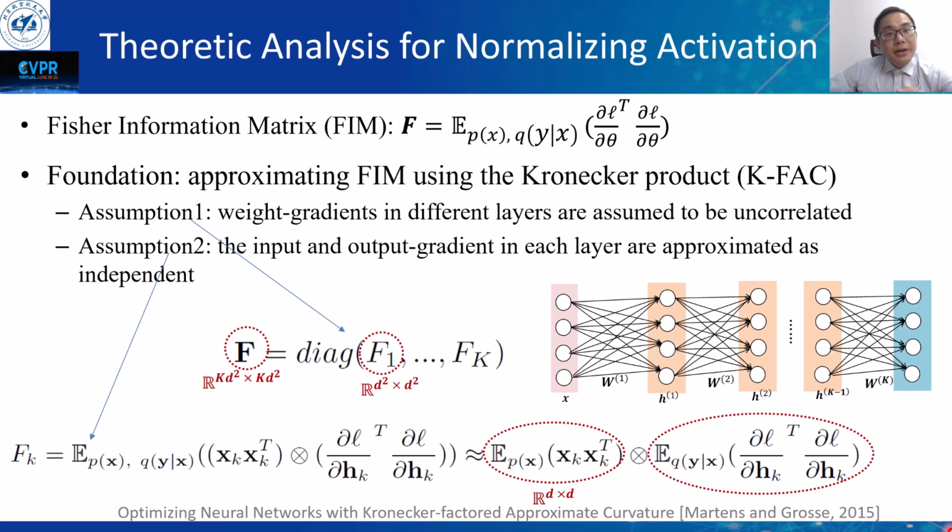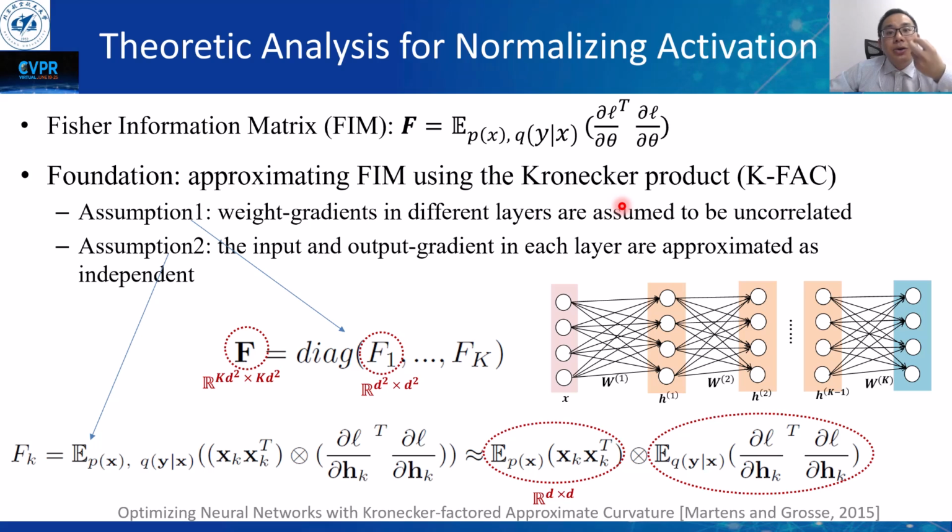Another theoretical basis of normalizing the activations benefiting optimization is from the perspective of approximating the Fisher information matrix. The Fisher information matrix can be approximately used to describe the optimization landscape. One successful example is approximating the Fisher information matrix of deep neural networks using the Kronecker product.